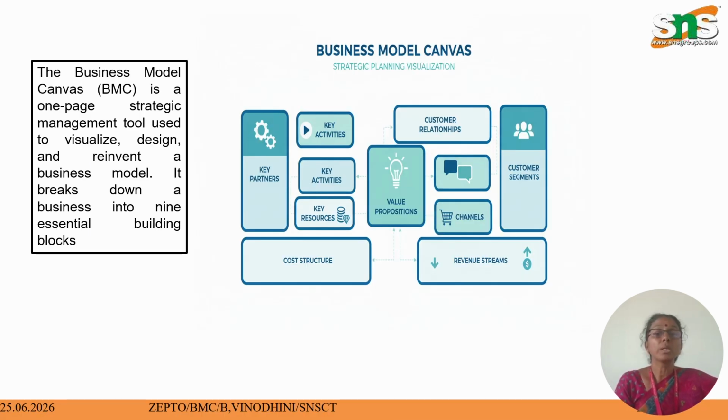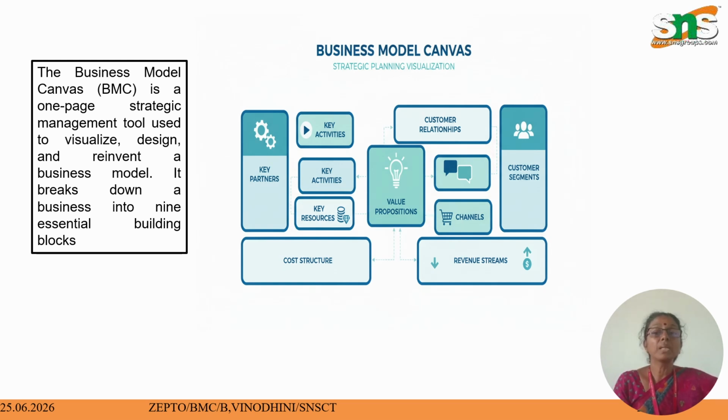The BMC model, the Business Model Canvas, is a one-page strategic management tool used to design, evaluate, visualize, and reinvent the business model. It breaks down into nine building blocks: customer segments, key partners, key activities, key resources, value propositions, channels, customer relationships, revenue streams, and cost structures.